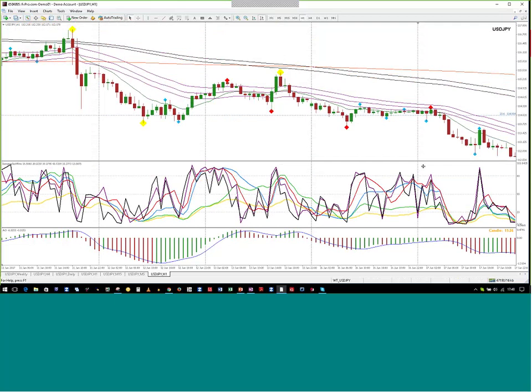Right, let's just have a look. Could I explain the black and purple again? They're just faster moves. The black and purple are just shorter moves. Yeah. I like this move here.